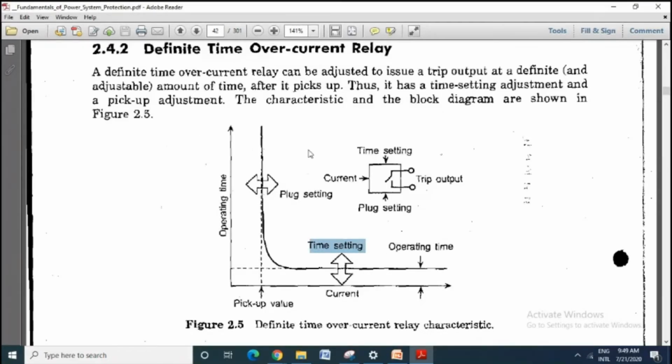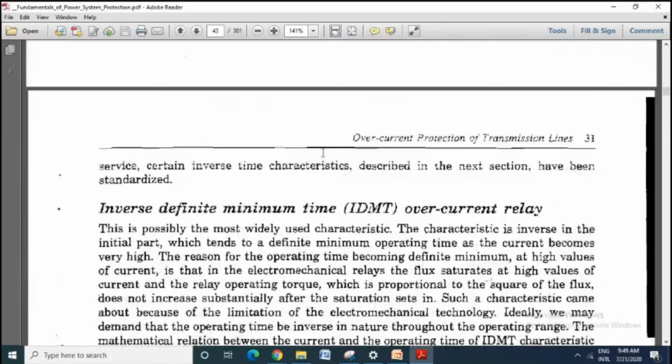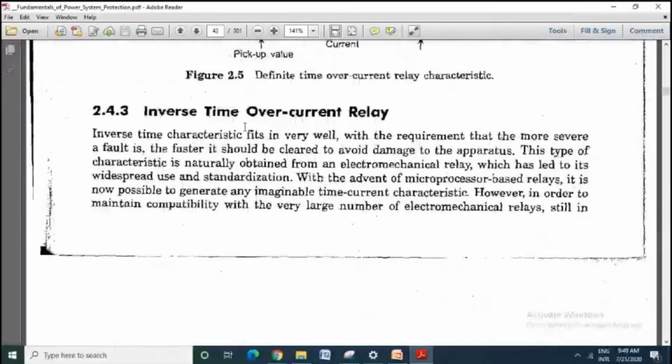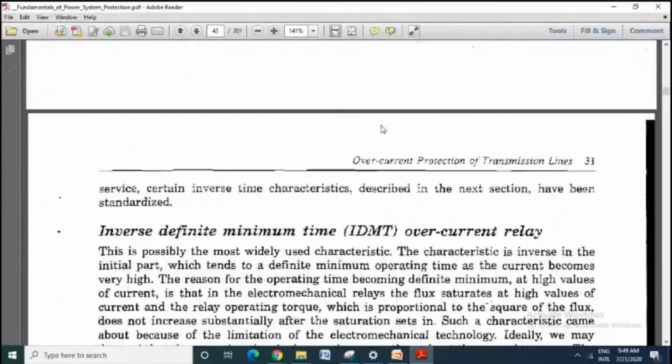So this is the definite time over current relay, where after the definite time you will get the operation. In the same way, the standard inverse over current relay is also known as the inverse definite minimum time over current relay. In short, we can call this the IDMT relay.